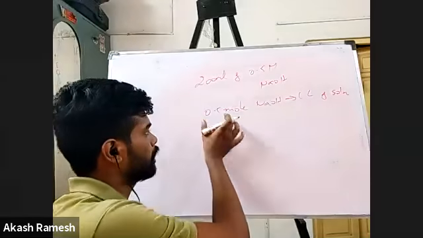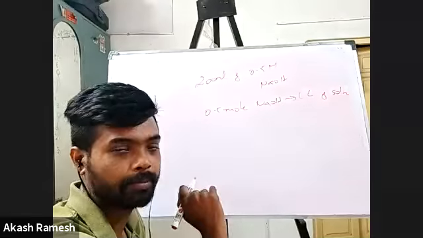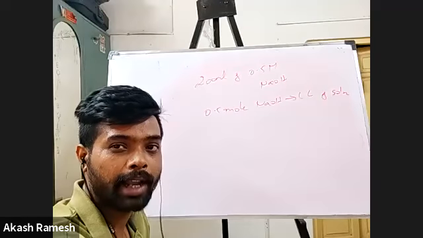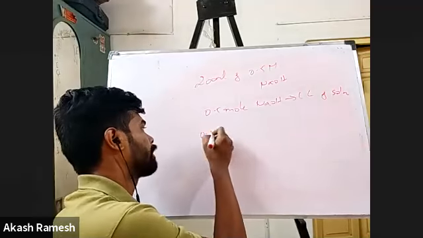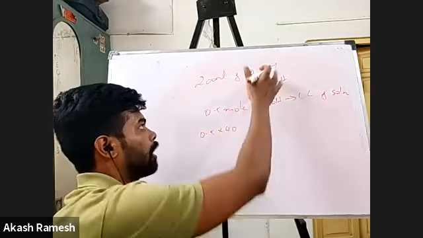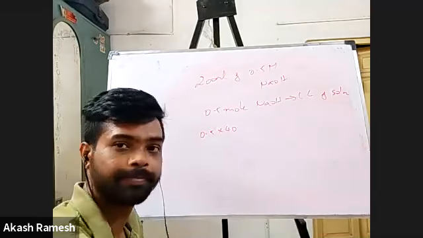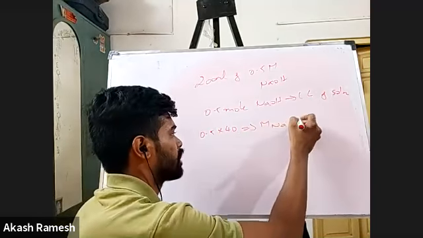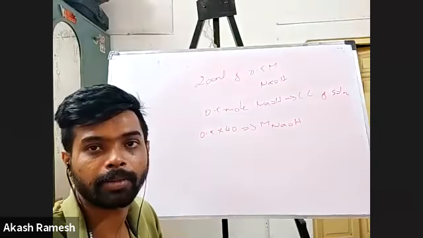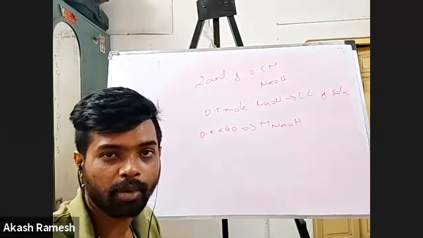And if I know 0.5 moles, I will be able to calculate the mass required. That will be 0.5 into 40, since the molecular mass of NaOH is 40. So this will be the mass of NaOH required.